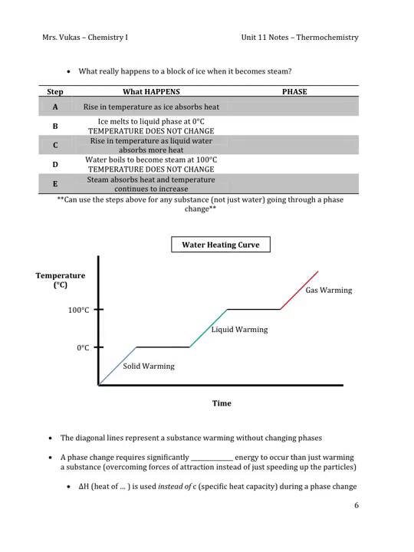So you guys can see that this first diagonal line right here goes from some negative number up to 0 degrees. So what's happening at that line is it says here that step A, which is going to be this blue line down here, step A is a rise in temperature as ice absorbs heat.